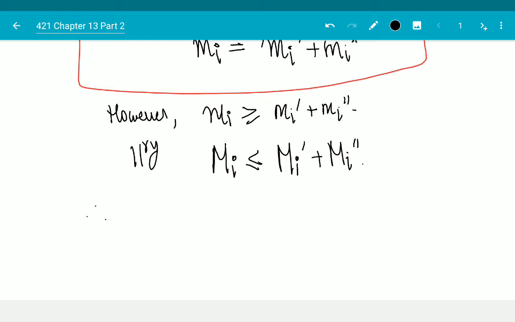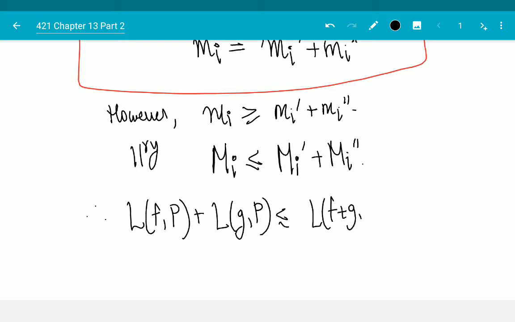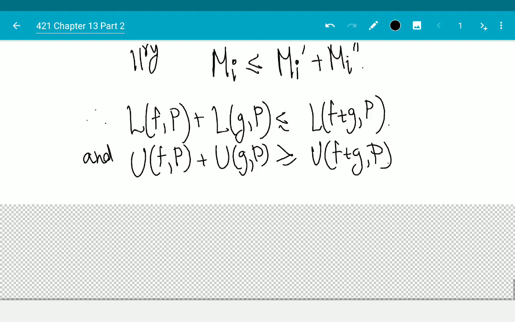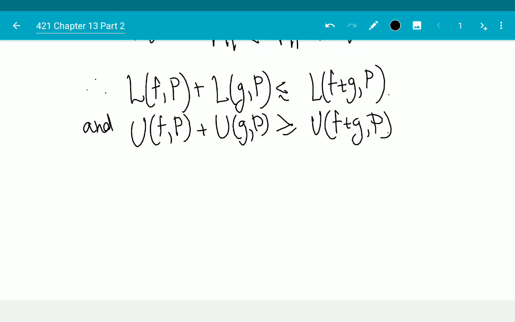Therefore, L of f comma p plus L of g comma p is smaller than or equal to L of f plus g comma p, and U of f comma p plus U of g comma p is greater than or equal to U of f plus g comma p. Great.